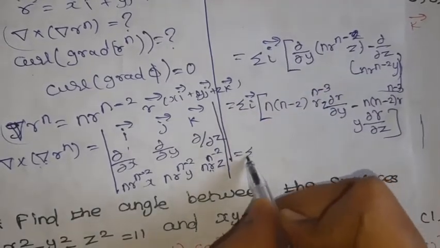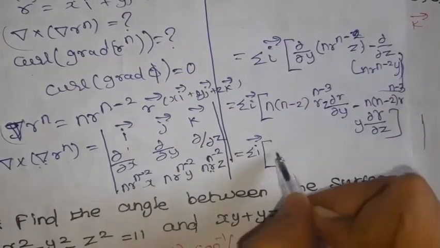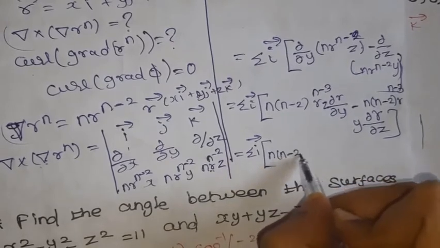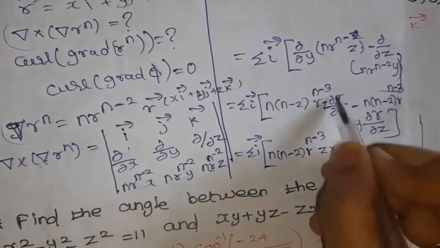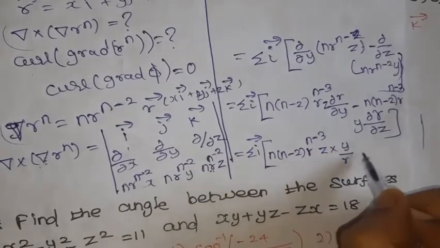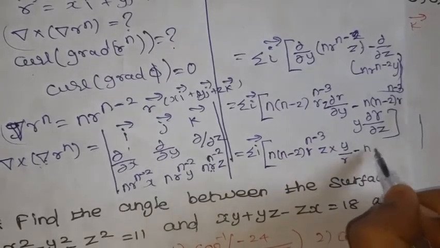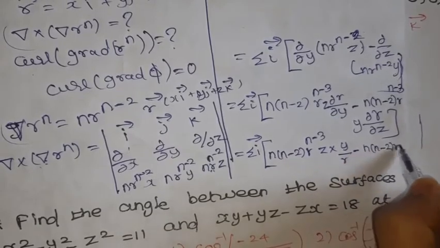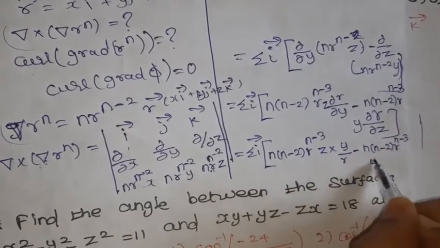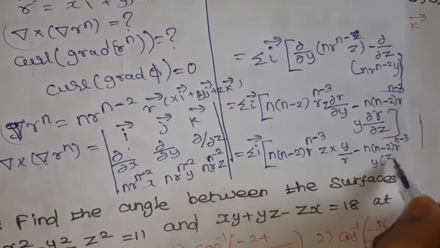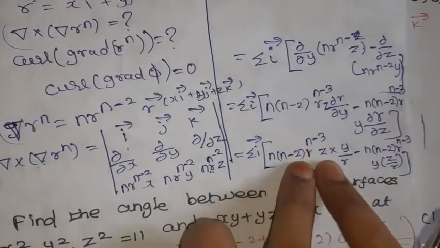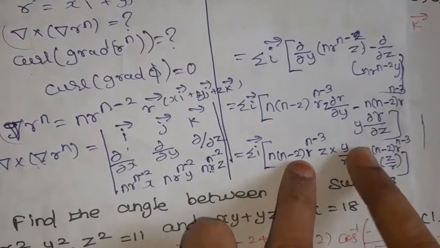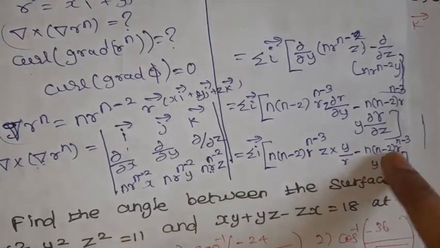So summation I vector into n into n minus 2 into r power n minus 3 into z into dou r by dou y, y by r. Similarly minus n into n minus 2 into r power n minus 3 into y into dou r by dou z, z by r. So here n into n minus 2 r power n minus 3 is there with yz by r. Here also n into n minus 2 r power n minus 3 is there with yz by r.